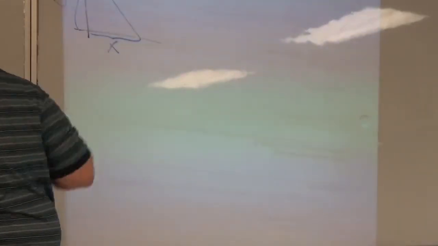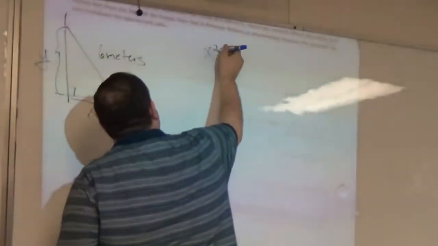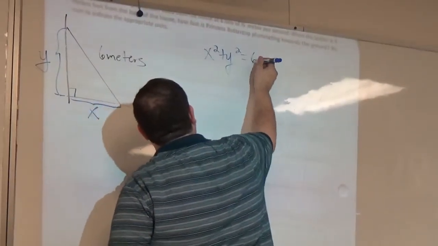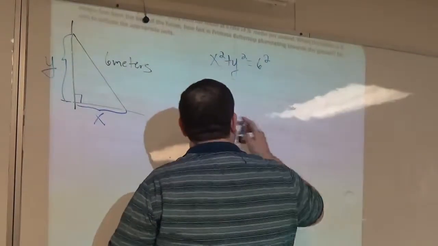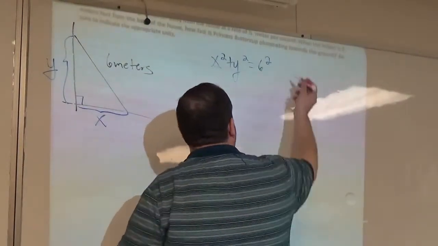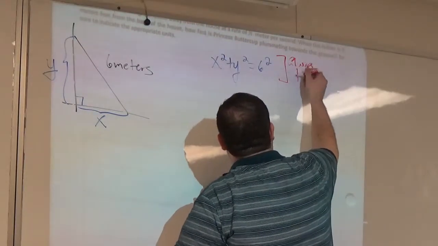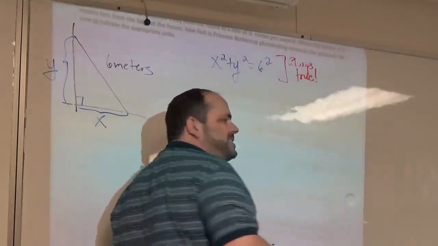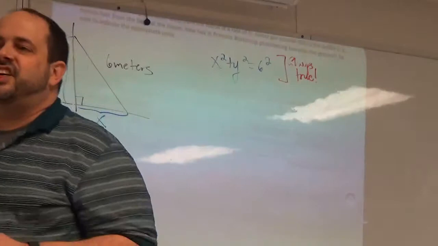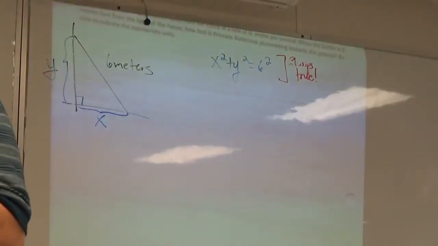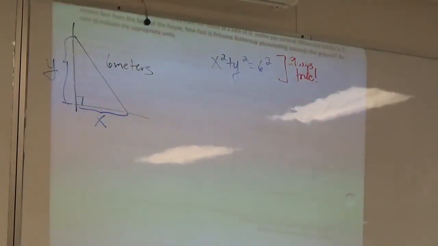Need a variable name. Why? Because we've got a right triangle, I know that x squared plus y squared equals 6 squared, and this is always true or sometimes true? Always true. When you have a relationship that's always true, that's the thing you're going to take the derivative of.